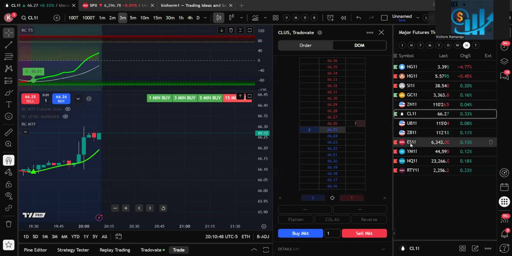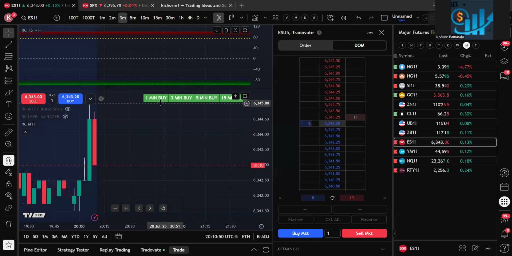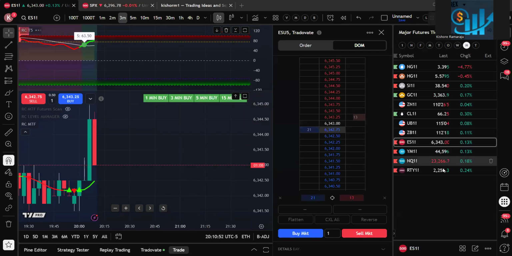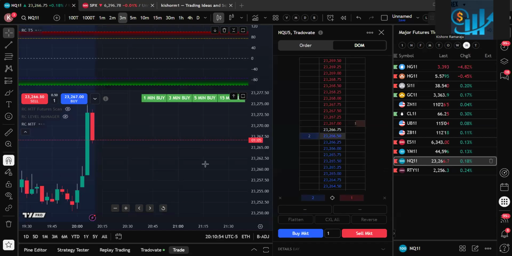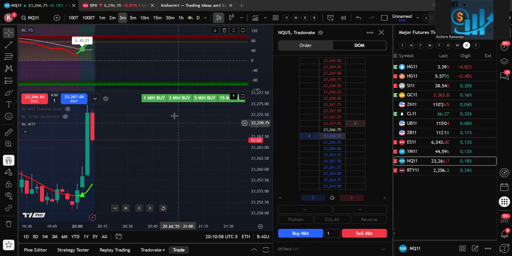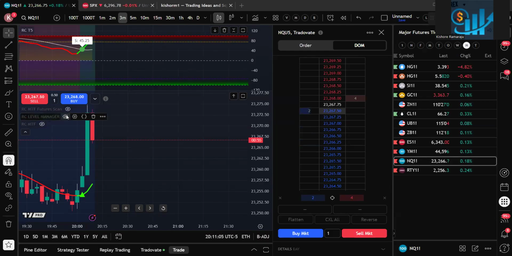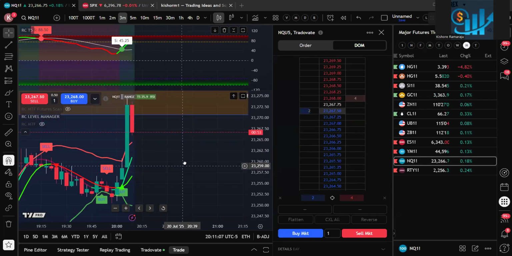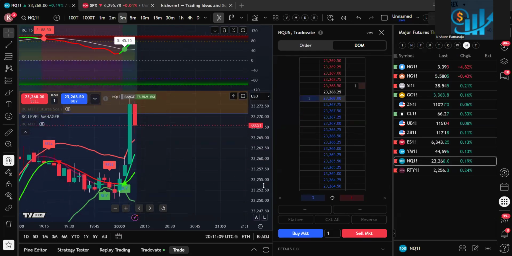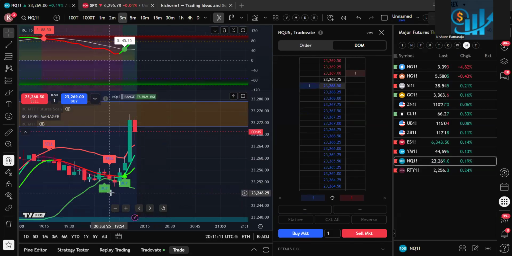Whereas, for example, if you look at ES, it is bullish in all different time frames. If you look at NQ, it is bullish in all time frames. So if it is bullish in 5 and 15, generally we have to mainly look for the buy signals, right? Whenever it comes to the bottom, whenever you see a buy signal, that will be a good opportunity.